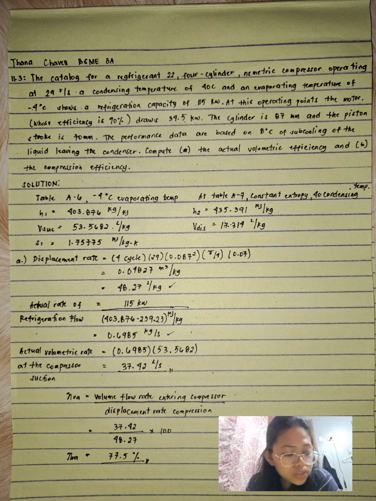So first, displacement rate is equal to 4 cylinders times 29 times 0.087 squared times pi over 4 times 0.07, which is 0.04827 cubic meter per second.